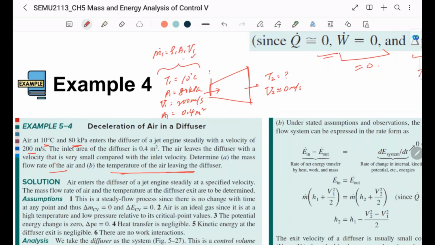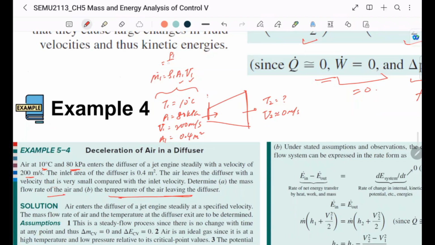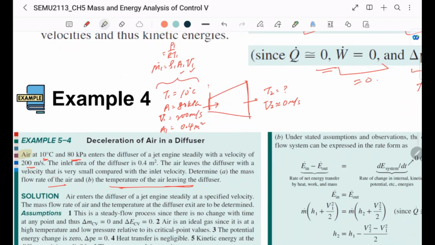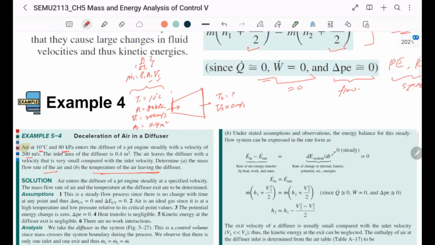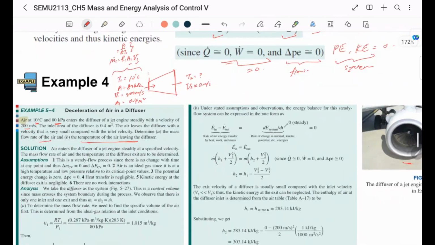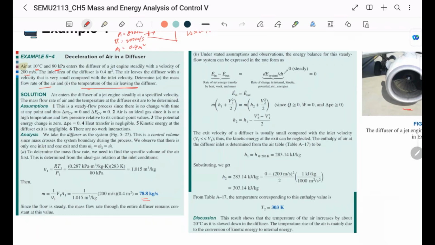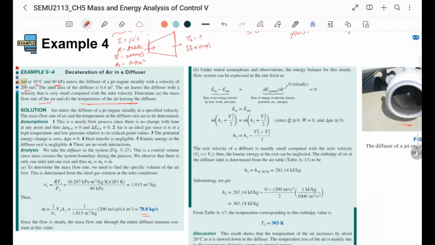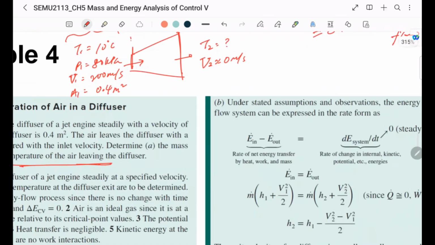V1 we know, A1 we know. Rho is basically P1 over RT because this is air. It's an ideal gas, so we can apply the ideal gas equation for it. That's how we can find out the mass flow rate at the inlet of the diffuser. And this is our control boundary, by the way.